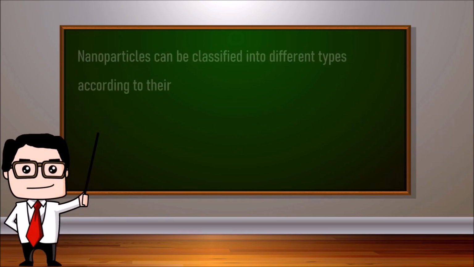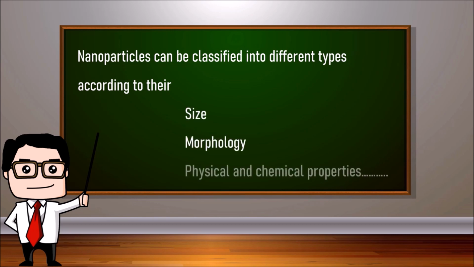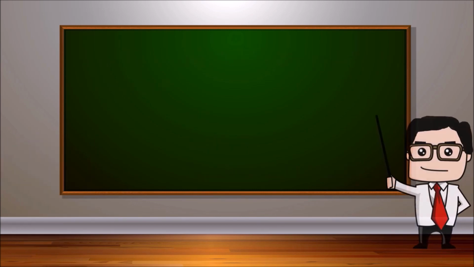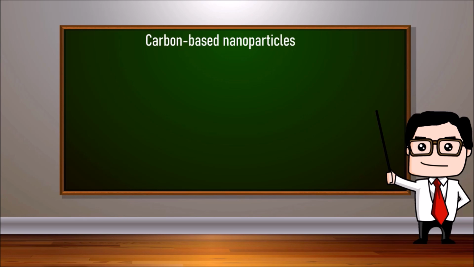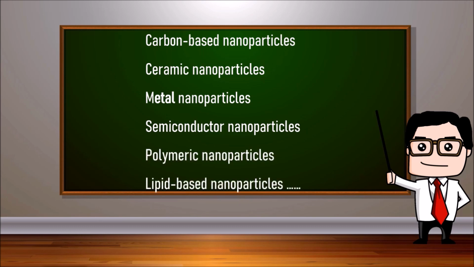Considering these facts, nanoparticles can be grouped according to their size, morphology, physical and chemical properties. Then, based on their composition, we can classify them as carbon based nanoparticles, ceramic nanoparticles, metal nanoparticles, semiconductor nanoparticles, polymeric nanoparticles, and also as lipid based nanoparticles.